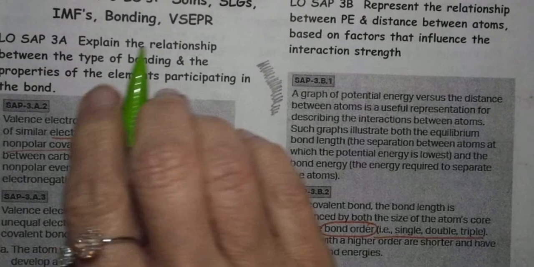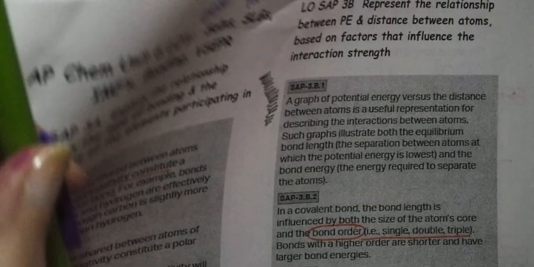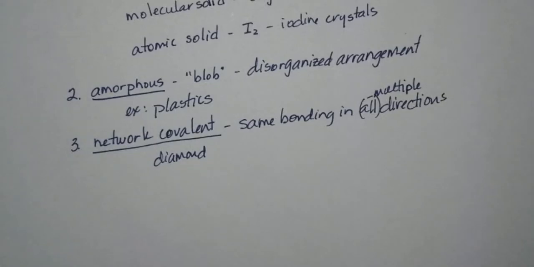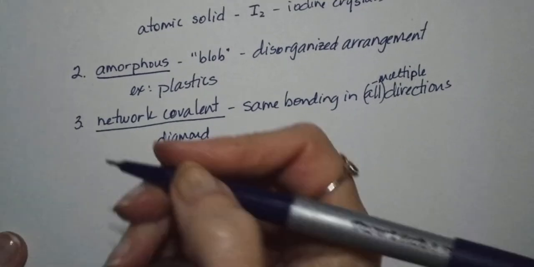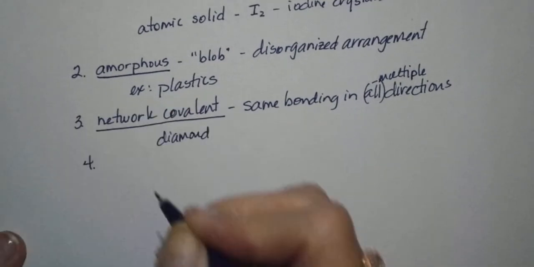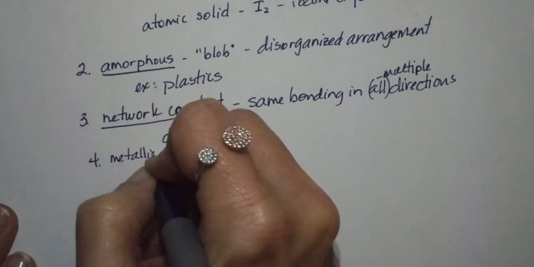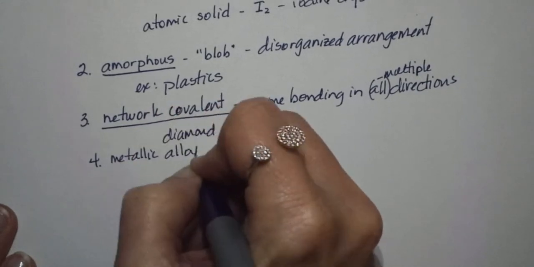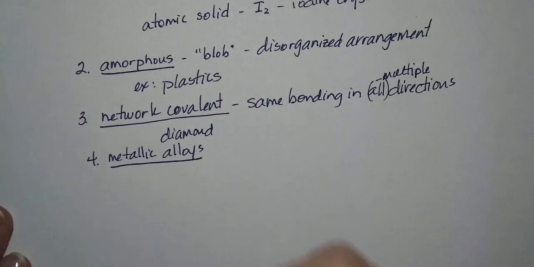And then you have number 4, metallic alloys. Sometimes they'll call them crystals. I've noticed every once in a while on the AP test they'll talk about metal crystals. I don't like that. I don't know why, I just don't. In this case, again, you have the same bonding in all directions.